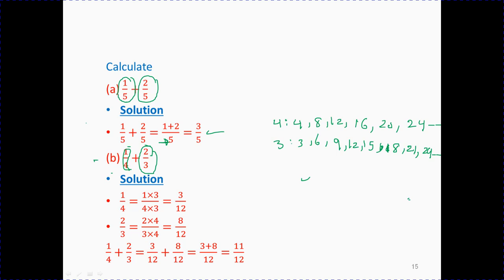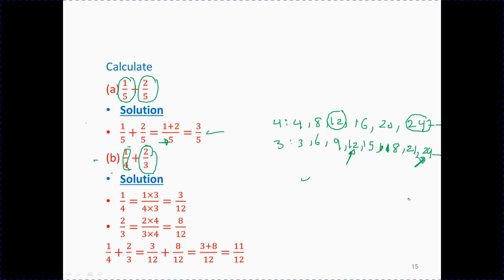We have 12 and 24, but the least common multiple is 12. So we are going to take 12.